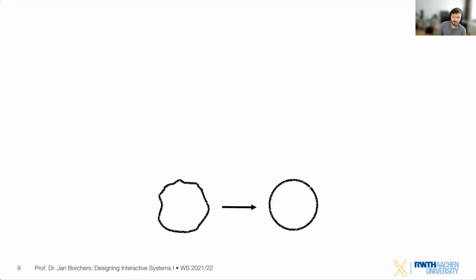Usually, if this wasn't an online class but an in-person class, we would do an in-class exercise here. I would give you the shape on the left side and show it to one of you for around one second, then hide the image again and let you draw the shape.